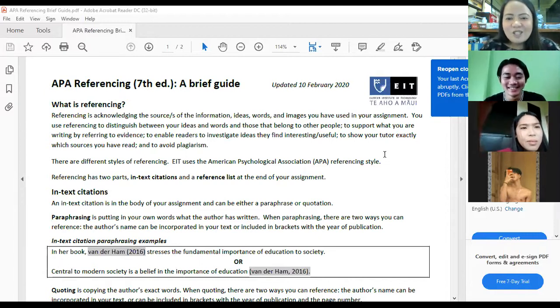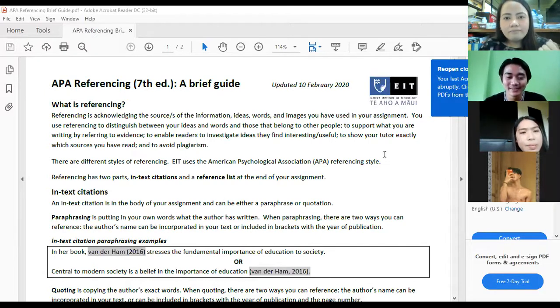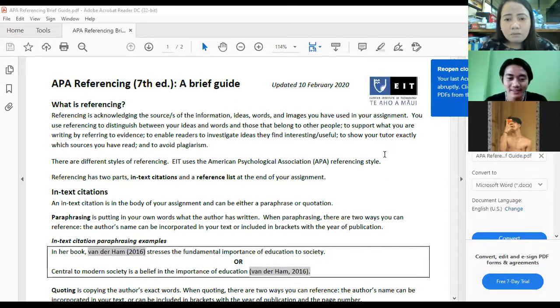So, we are obliged to make use of referencing because this will give support in writing. It provides evidence that will prove the points you want to emphasize in your research.